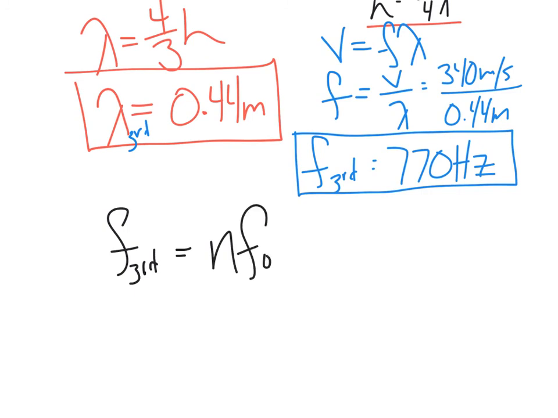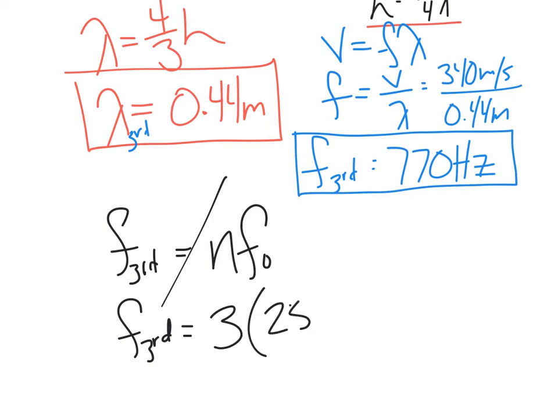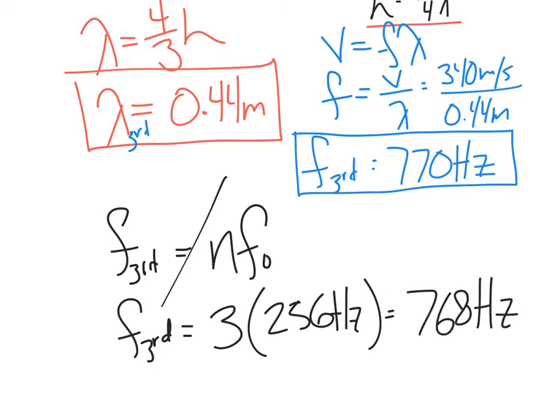So if I'm looking for the third harmonic, that third harmonic is going to equal 3 times our fundamental frequency, 256 hertz, and that should be 768 hertz. So pretty close to what we calculated, and definitely if we're to round that, it's going to be basically the same number.